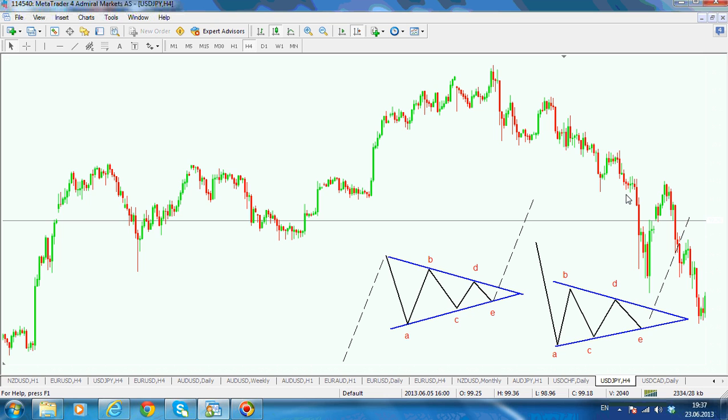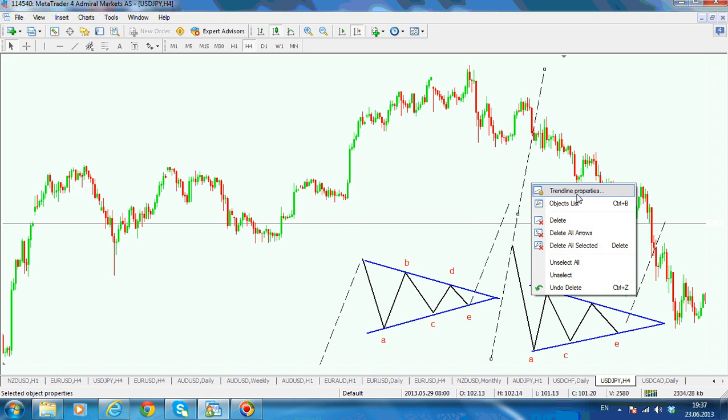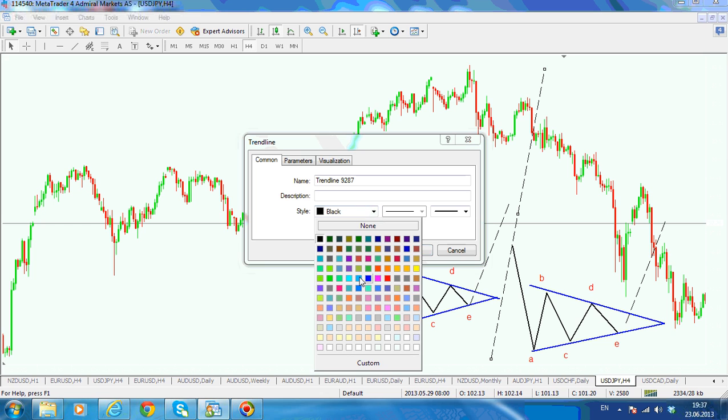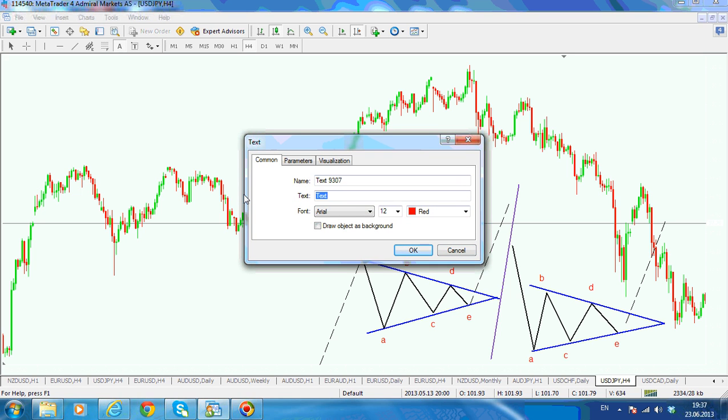In the first scenario, in the first case, let me take a trend line and try to delimit the examples here. So in the first case, the first contracting triangle is called a continuation pattern.